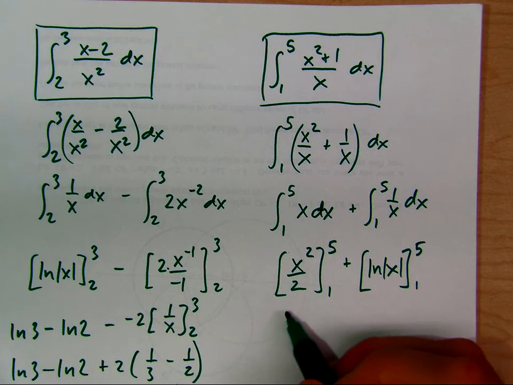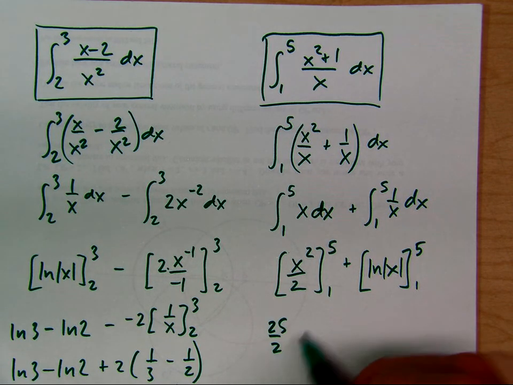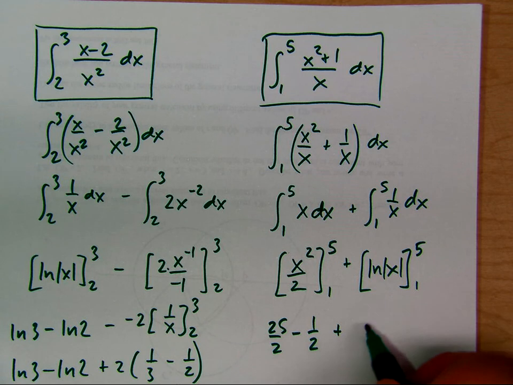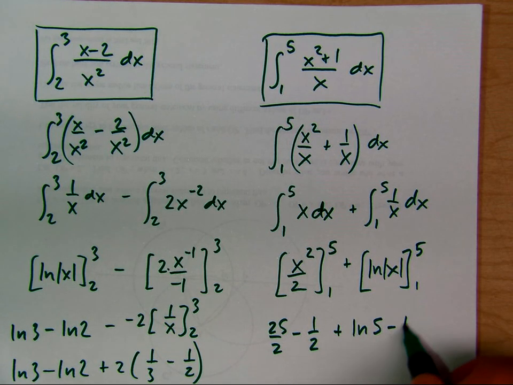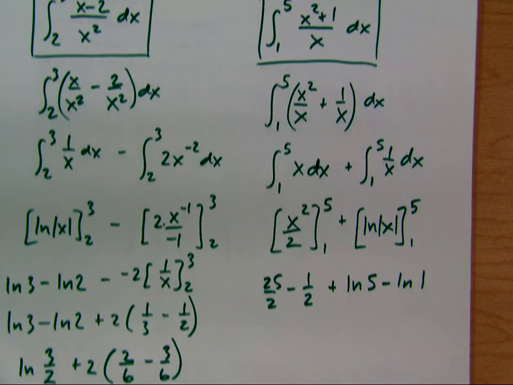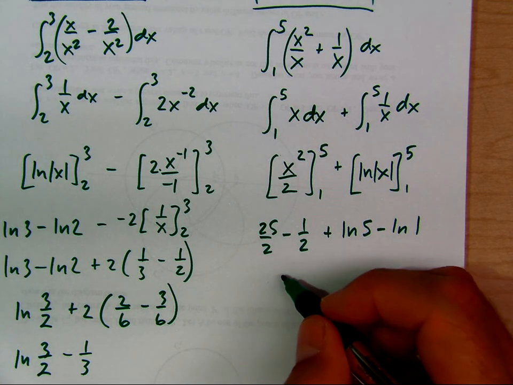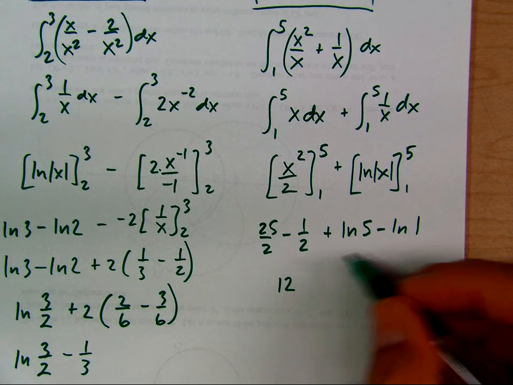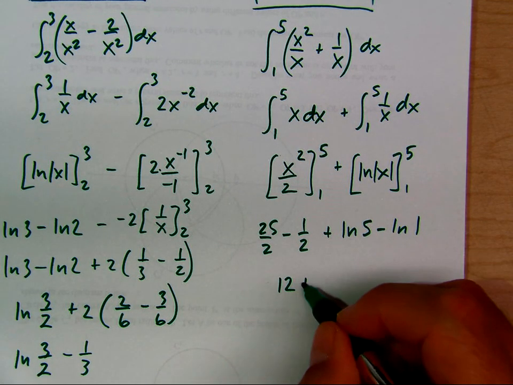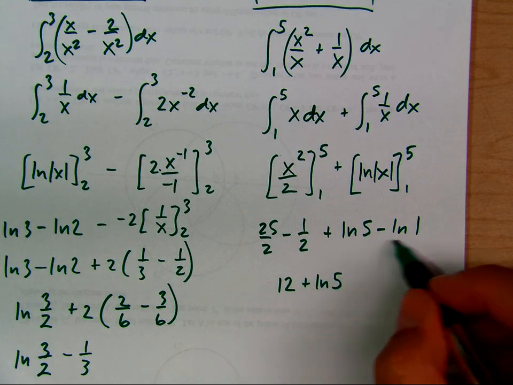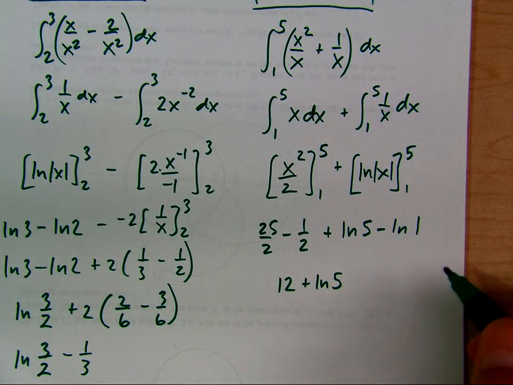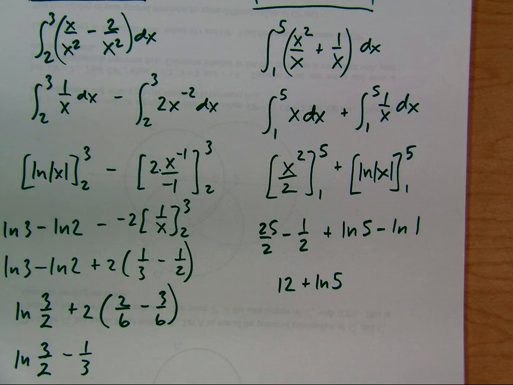So we'll get 25 over 2, substitute the 1, and here we have natural log 5 minus natural log 1. And that gives us 24 over 2, that's 12, natural log 5, and that's 0. So we're all done. And that's the end of the lesson.